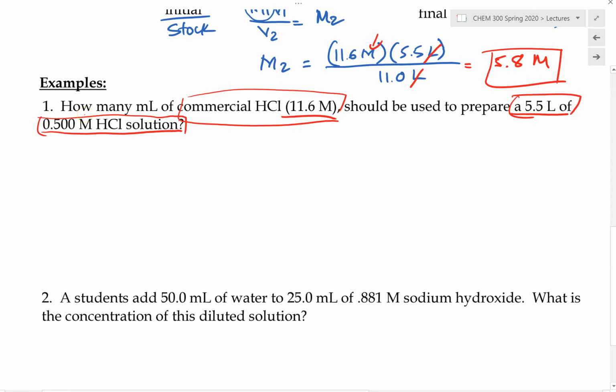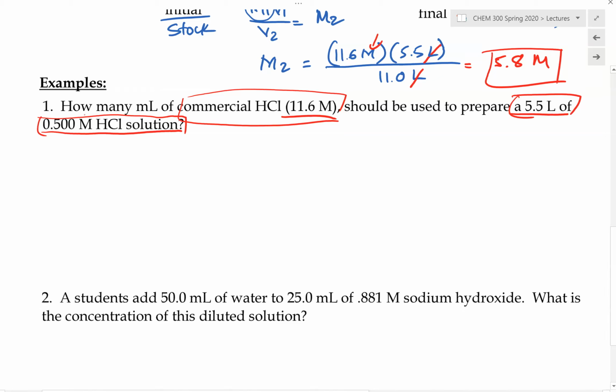So the question now is, how much volume of the stock solution would we need to make this diluted solution right here? This is a very, very common type of problem and the type of thing that we would do in a chemistry lab, because we always prepare diluted solutions from the stock solution.